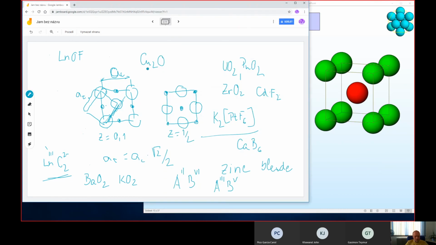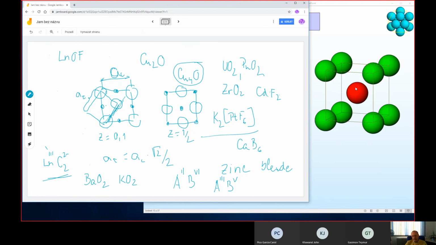So you put a Cu4O cluster in the center of the unit cell, and it is a tetrahedral unit with the oxygen atom in the center.